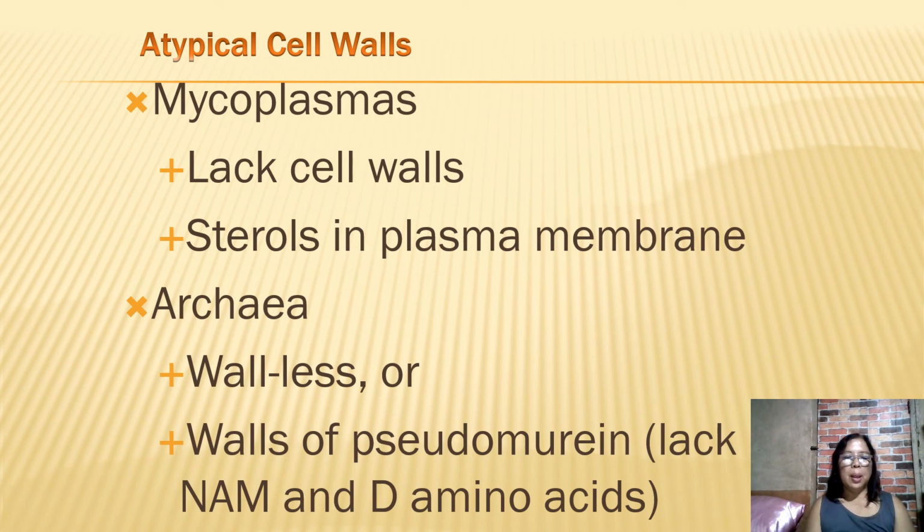There are some microorganisms that contain sterol in the plasma membrane, whereas there are some microorganisms that only contain pseudomurein, or the cell wall does not have the NAM and the D-amino acids.